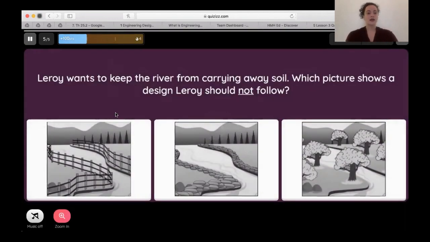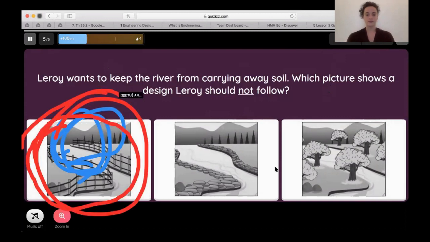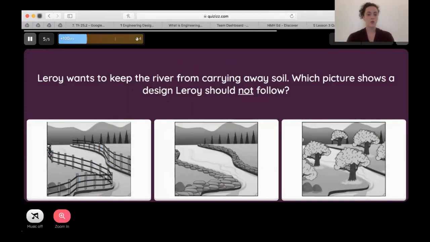All right. Leroy wants to keep the river from carrying away soil. Which picture shows a design Leroy should not follow? Everyone go ahead and draw. Please show me. This one. The trees here have roots to keep the soil in place.